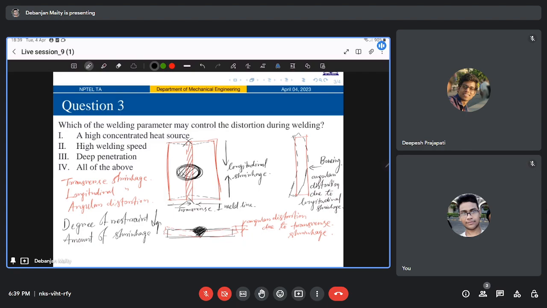And how about longitudinal shrinkage in a butt joint? This is usually much less. The transverse shrinkage is very much higher than the longitudinal one. Typically the longitudinal shrinkage can be about 1/1000 of your weld length.